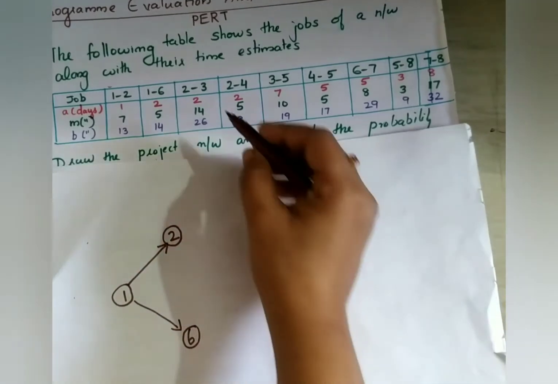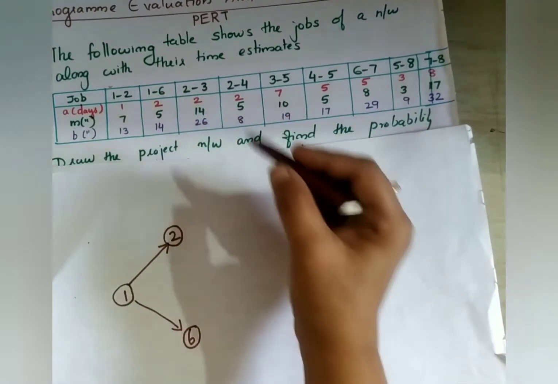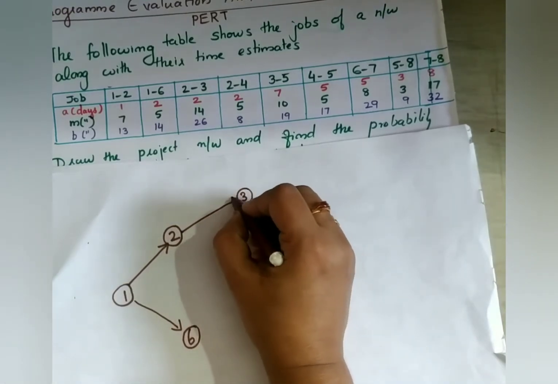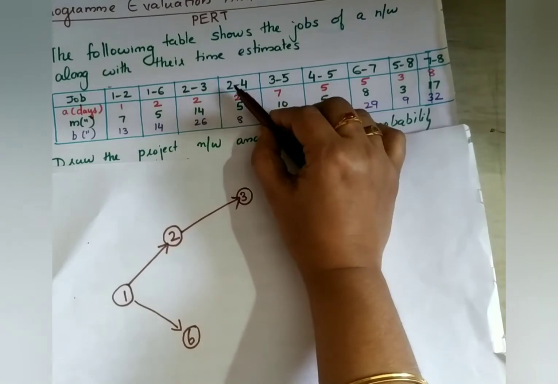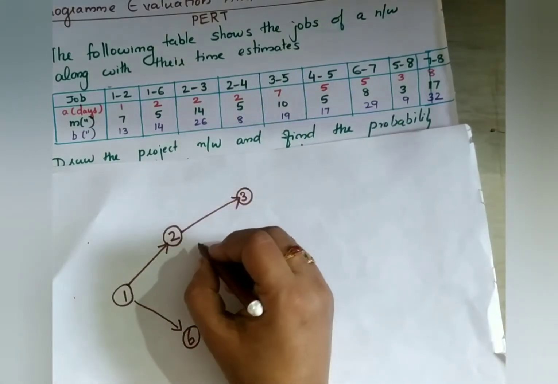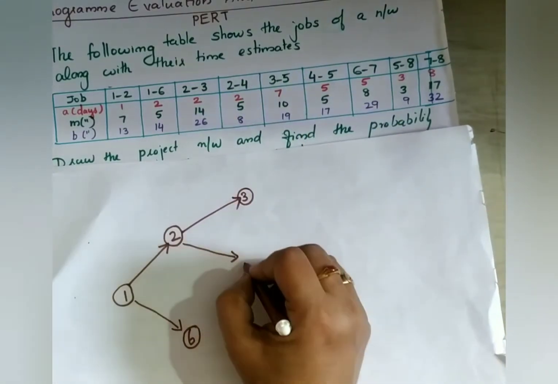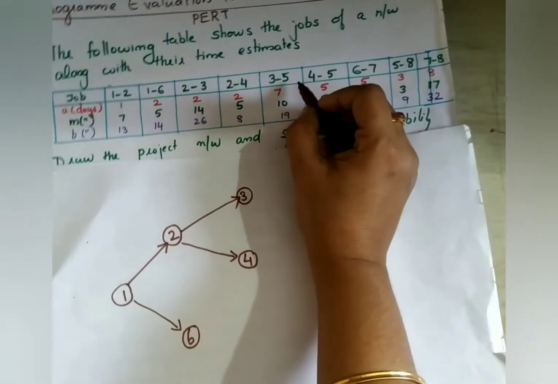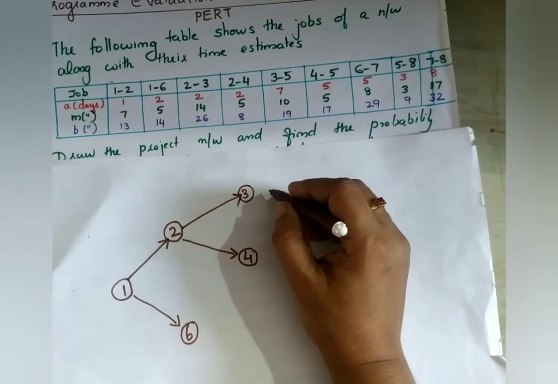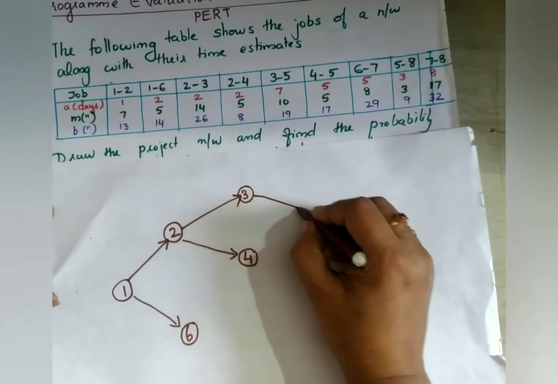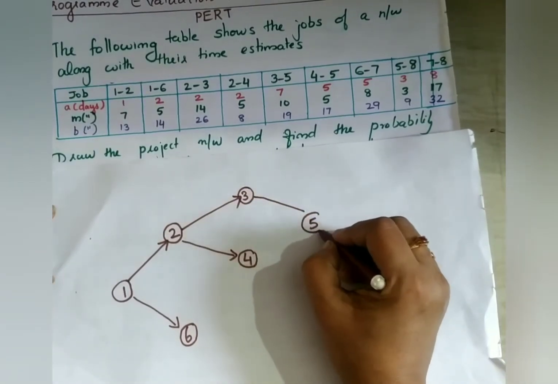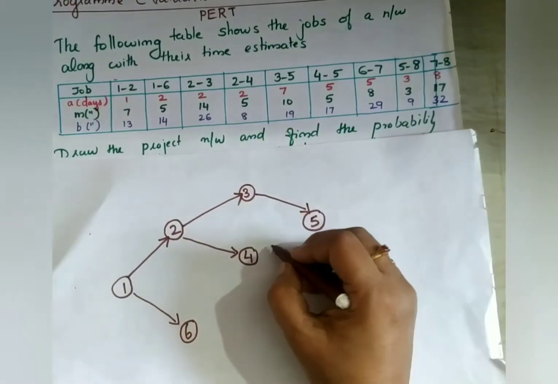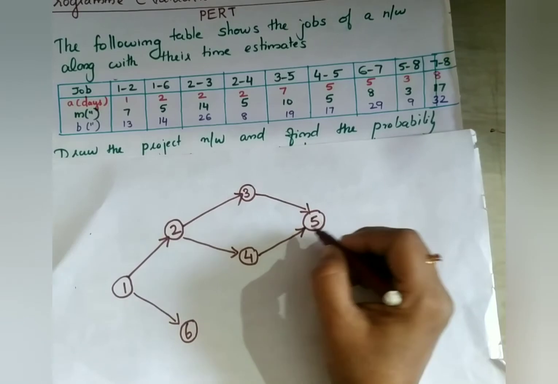Next, 2 to 3 activity, so I will draw 2 to 3. Then next 2 to 4, I will keep it here. Then 3 to 5, draw 3 to 5. Then 4 to 5, I can draw like this.